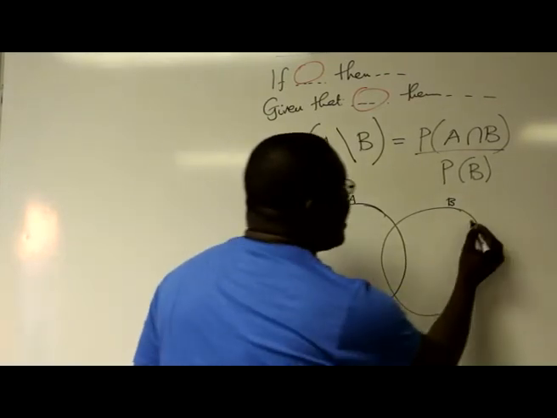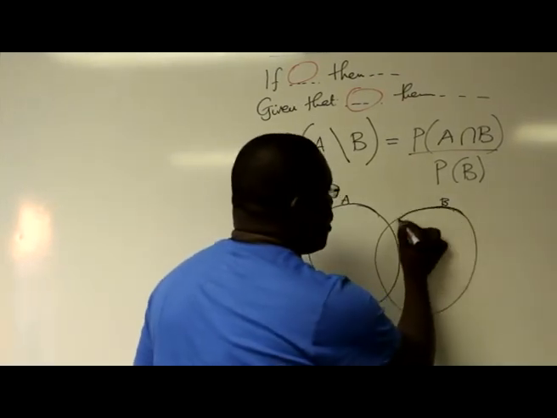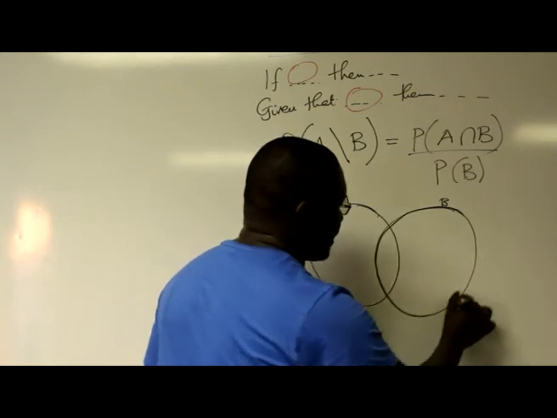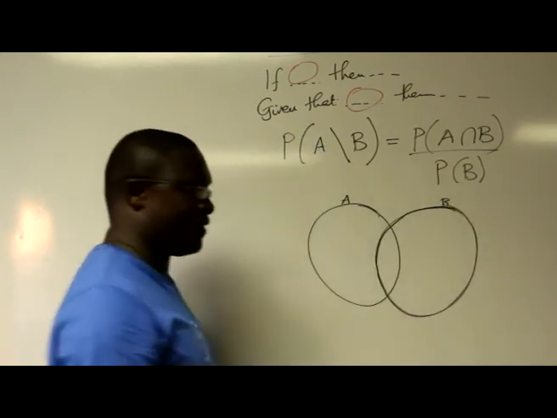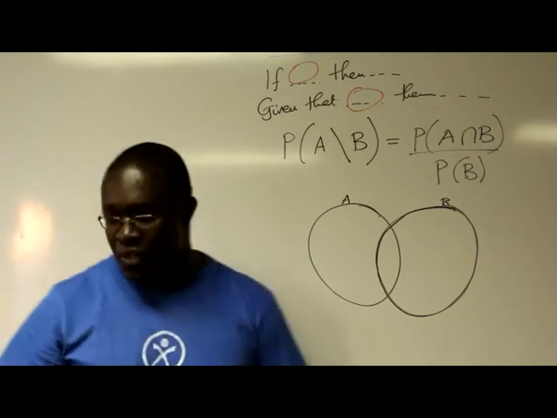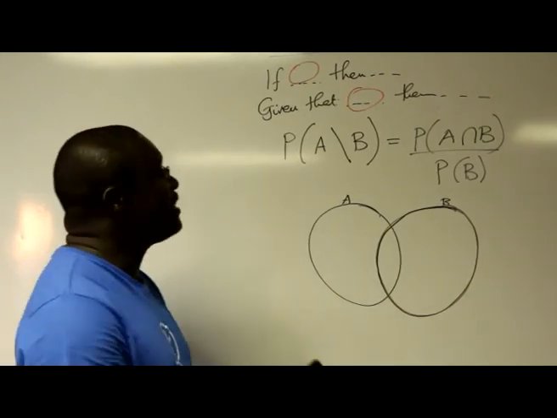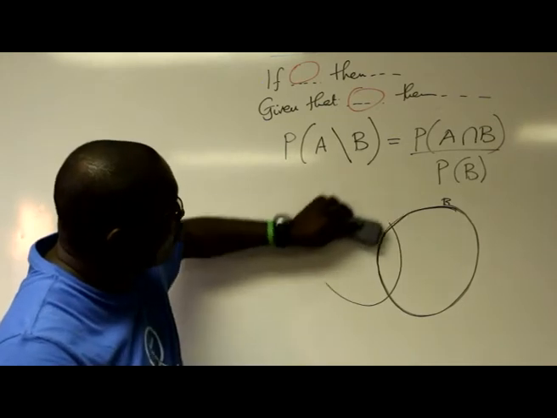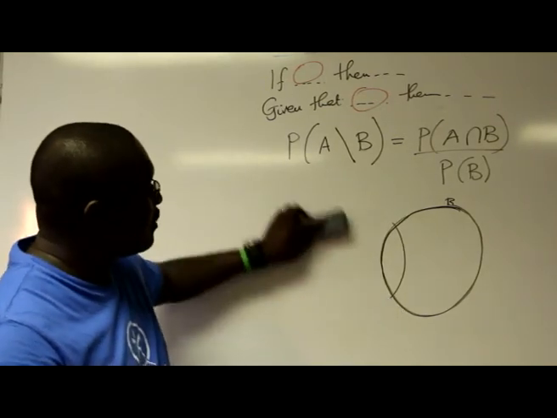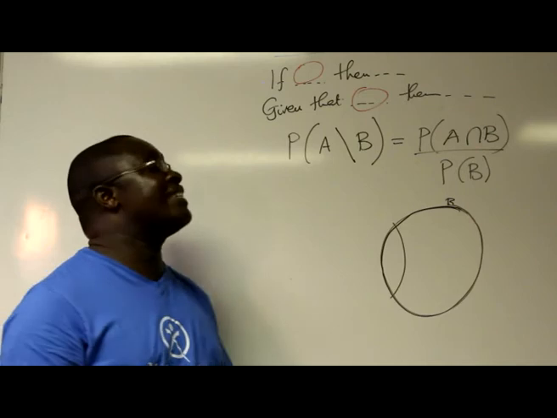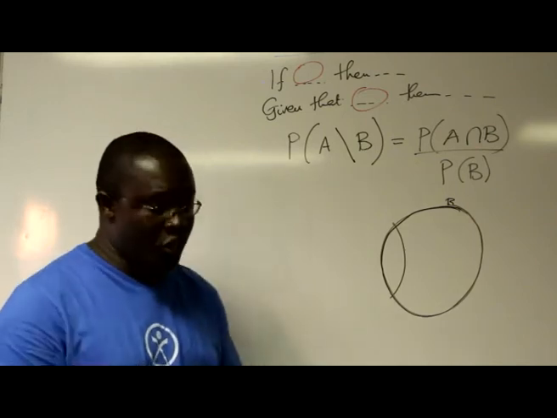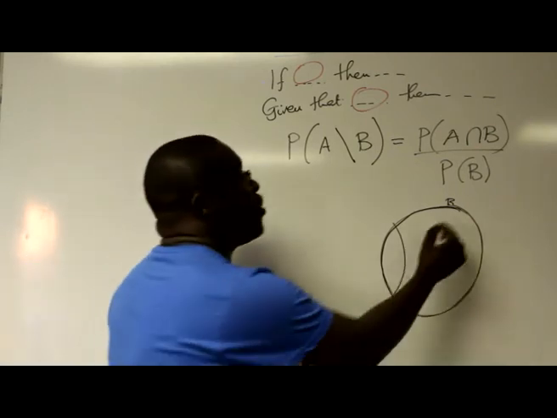So if B has occurred, you're sure that this has occurred, right? So by virtue of doing that, it means that anything that is outside B is gone, right? Everything that is outside B is gone. That means your new sample space is only B.